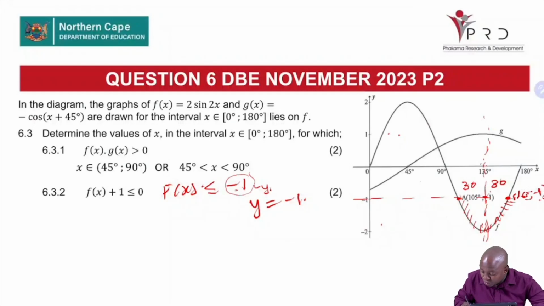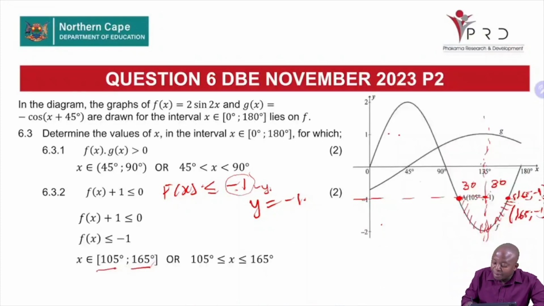I'm just going to write 165 is to negative 1. So that is the point, this is symmetrical, and the point is going to be between. So our range in that case will be between 105 and 165, because it's between this point and 165 there. Remember, symmetrical there, then we get the value as it is there.